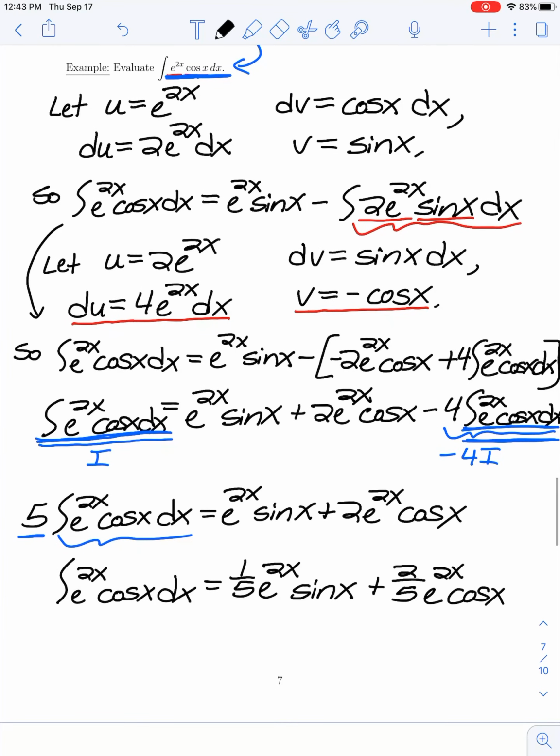And since this was an indefinite integral, I can't forget to include my constant of integration on the end. So at this stage, we've managed to solve for that integral of interest.